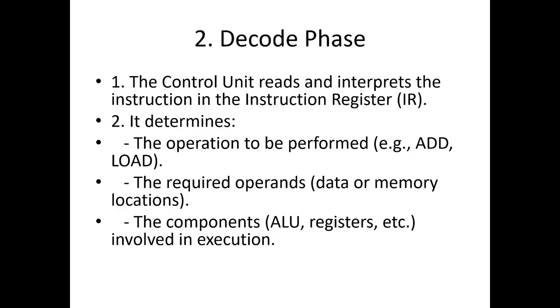It sends the PC's address to the memory, and then the memory looks at that address and sends the data at that address. Now, decoding. After the instruction has been fetched to the instruction register, the control unit reads the instruction in the instruction register, then decodes it from its binary representation, that is, the zeros and ones.